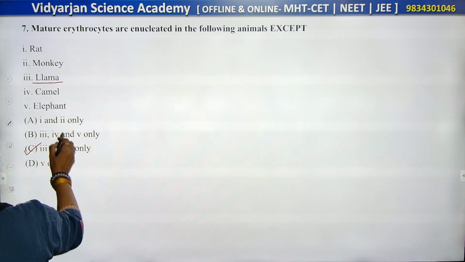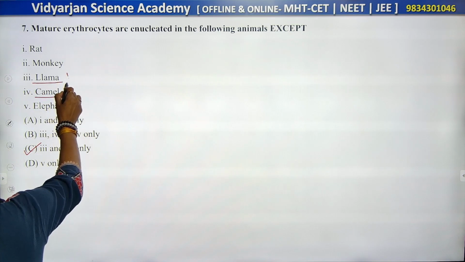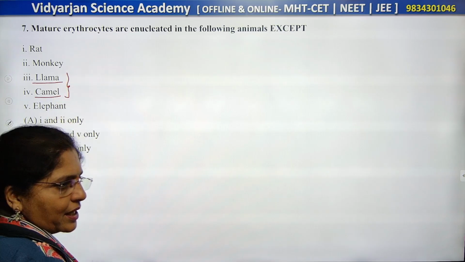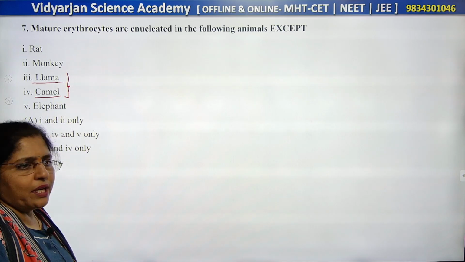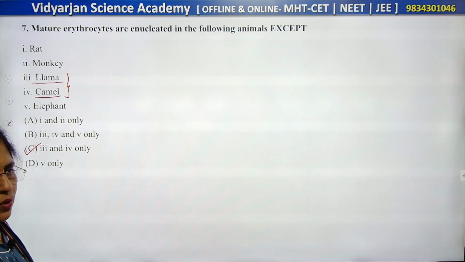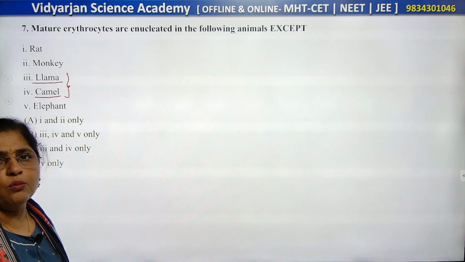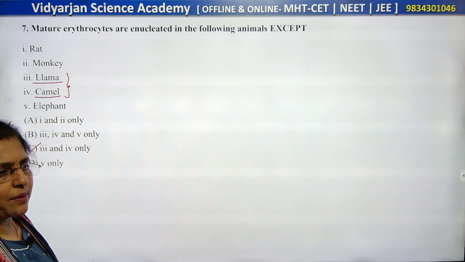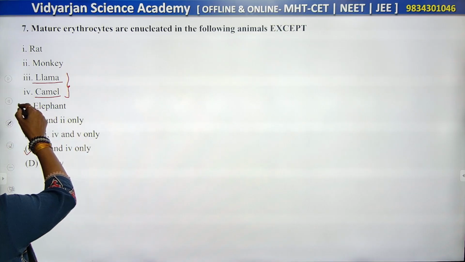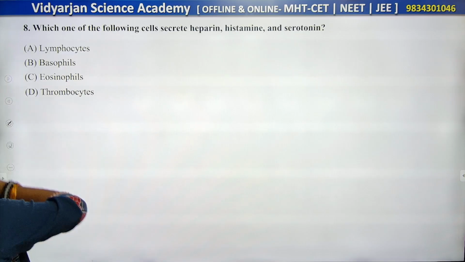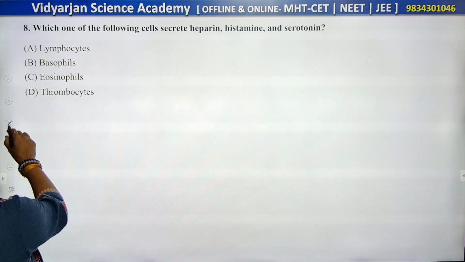Llama, and next is what here? Camel, right? Okay, they are only with the nucleated RBCs. You know that camel is the exception. You can note down in your notebook that camel is the exception here. Llama is the exception here. Very simple question. Next.